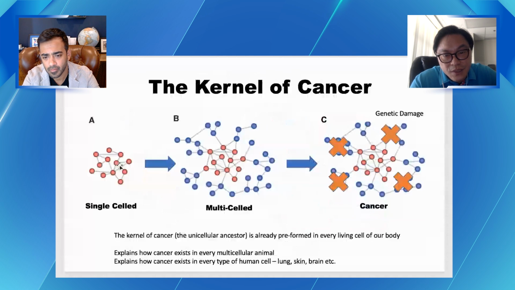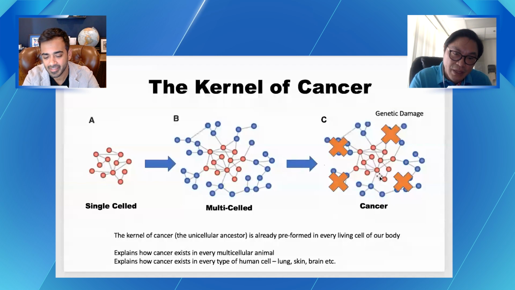So as you become a multi-celled organism, this is what our genome is. As you become cancer, you're not adding new mutations. You're knocking off these mutations. And then you're revealing the underlying kernel of cancer. That kernel of cancer, which is the unicellular ancestor from which we all evolved, is already preformed in every living cell of every animal on Earth.